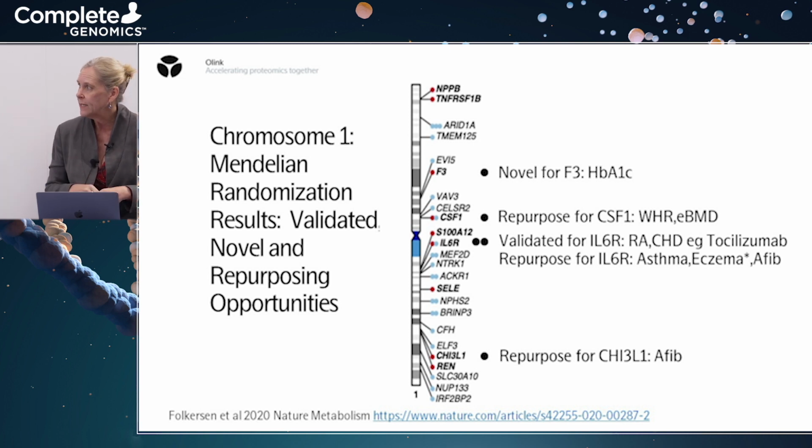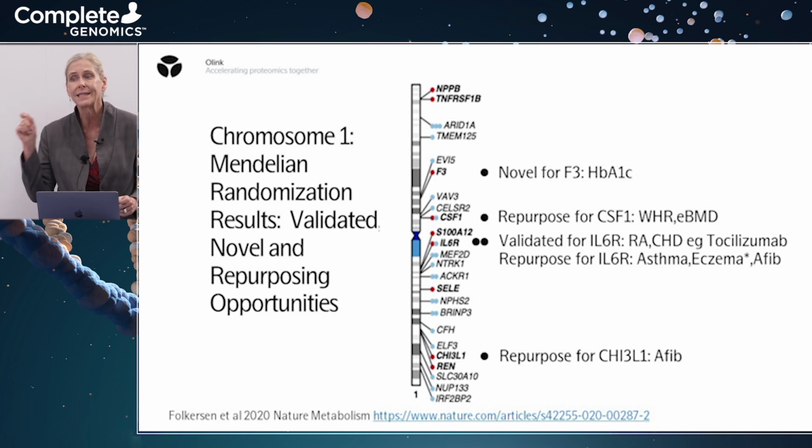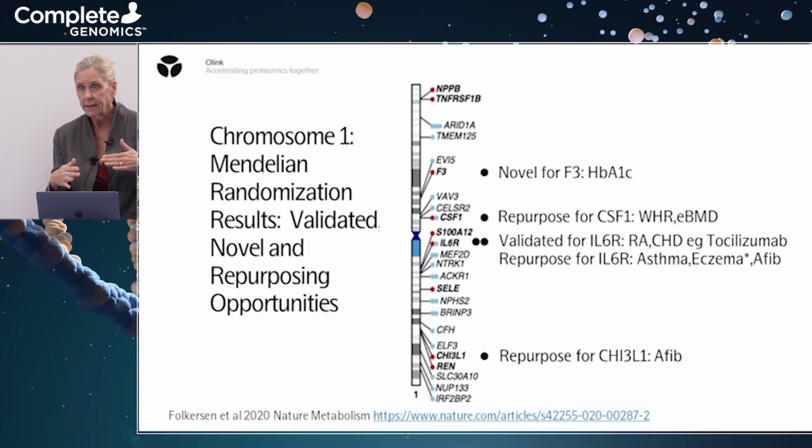The asterisk is about directionality and suggests that eczema could be a side effect of targeting this pathway. And so I dug into the label on tocilizumab, and indeed eczema is a possible side effect that showed up in the clinical trial. So great, exciting, I think, and some validation of these results.